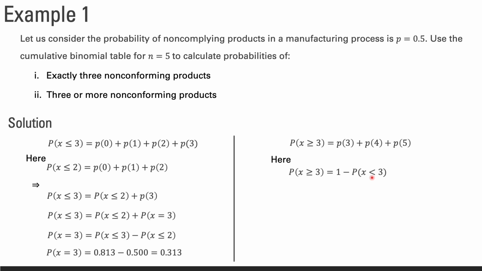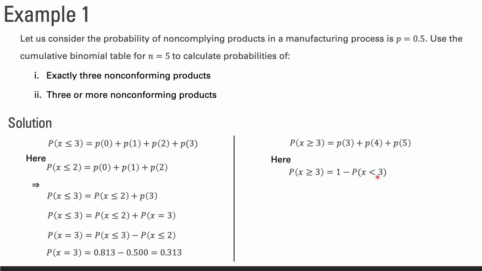So what is less than 3? Less than 3 is what? 2, right? So the probability for x less than 3 is equal to the probability of finding less than or equal to 2 non-conforming products.